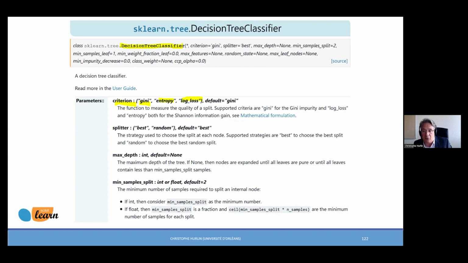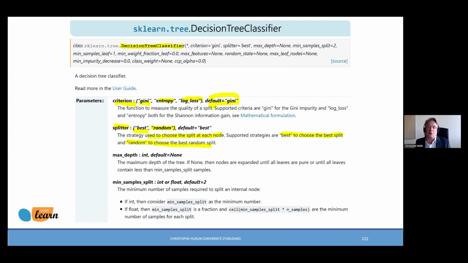By default, the criterion is Gini because the implemented algorithm is a CART one. You have a splitter: best and random. This is the strategy used to split at each node: best chooses the best split and random chooses the best random split.